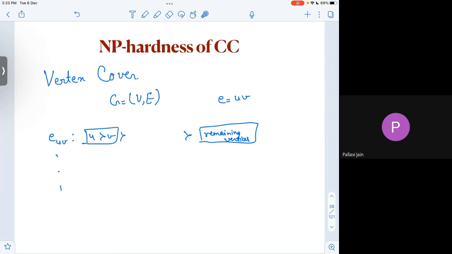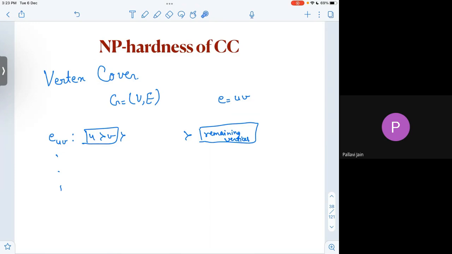So now what are we trying to capture here? That for every voter, you pick something from here. I want to enforce this. If I enforce this, then do you agree that I will get a vertex cover?